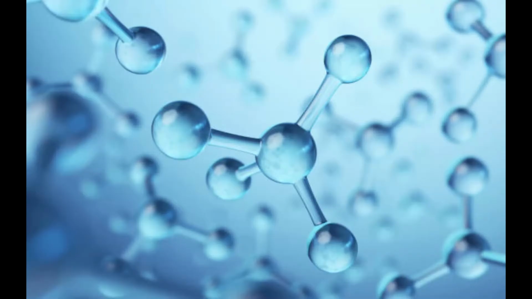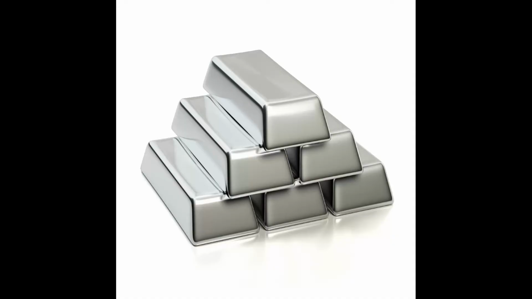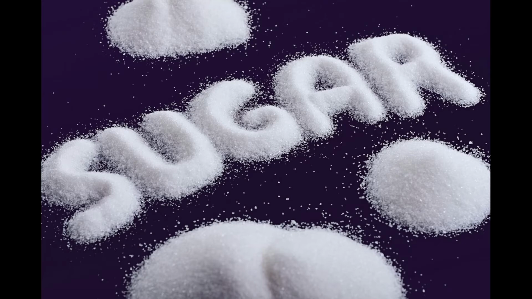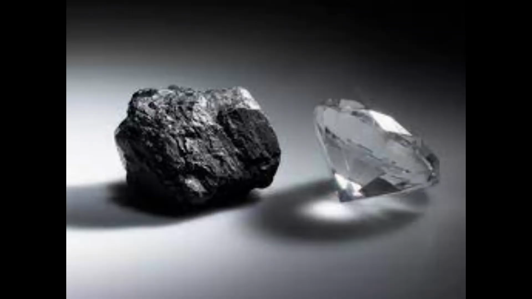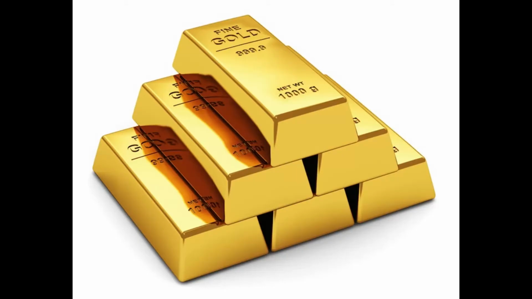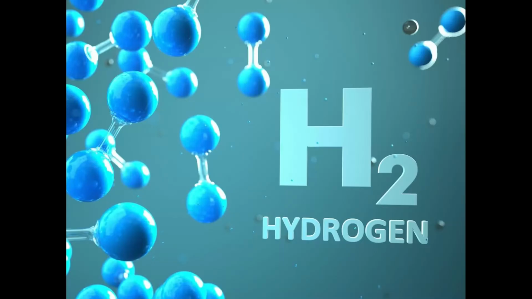Oxygen is made up of molecules of oxygen, and its state is gaseous. Silver is also made up of silver molecules. Carbon is made up of molecules of carbon. Gold is made up of gold molecules, and hydrogen is made up of hydrogen molecules.